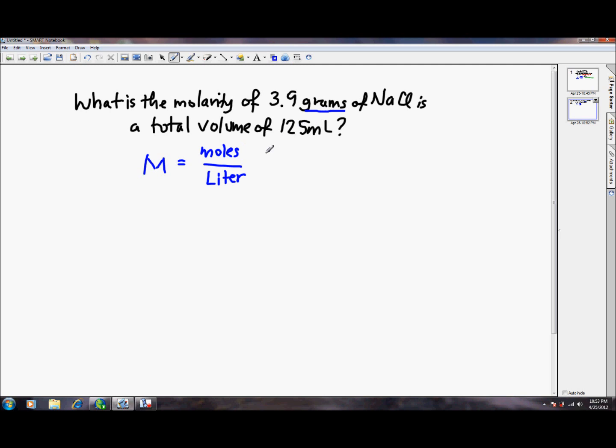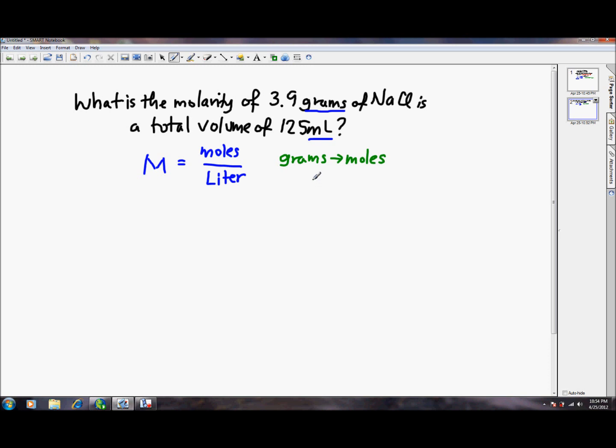I will have to convert these grams into moles first. Secondly, this says liters, this says milliliters. I will have to convert the milliliters to liters before inputting it in the equation. So I will have to convert grams to moles. That's my first step.